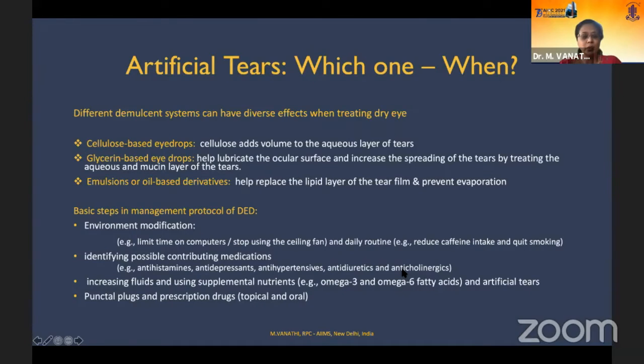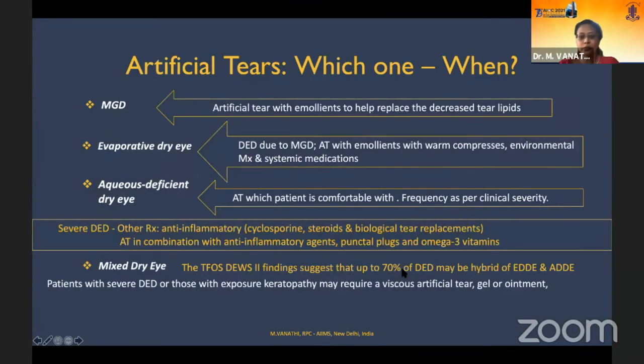And after we go about environmental modifications and targeting treatment towards the particular ocular surface disease which is responsible for the dry eye, we would like to choose an artificial tear with emollients if you're tackling a meibomian gland disease.